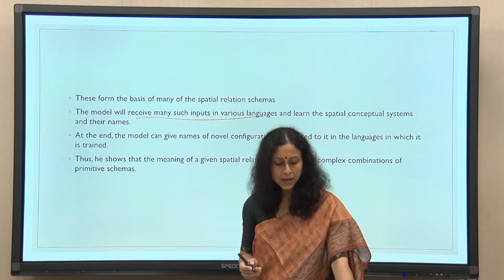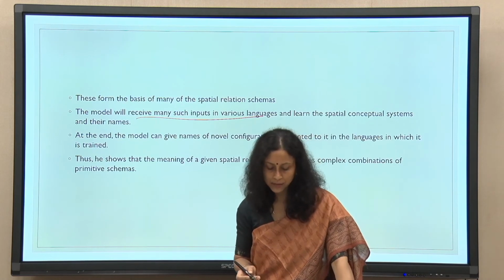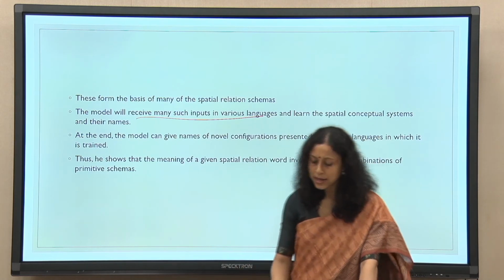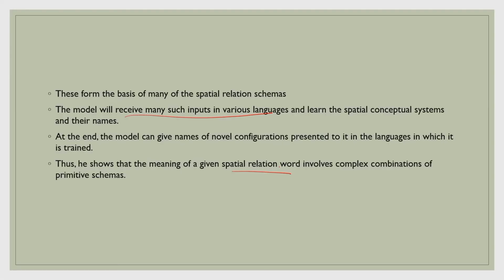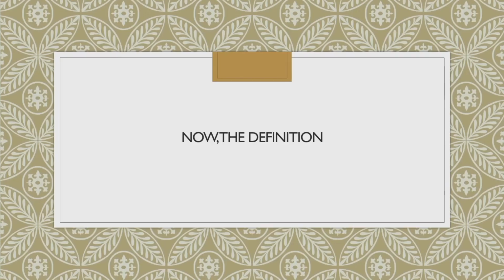So, his work was one of the initial works that showed that the meaning of a given spatial relation word involves not only a word, but a complex combination of primitive schemas. We understand these things and store that information through that schematic understanding, and that schematic understanding involves two primary visual schemas, one of orientation, another of topology.